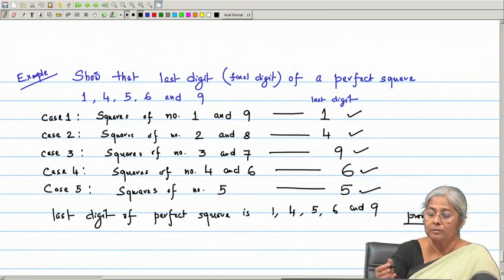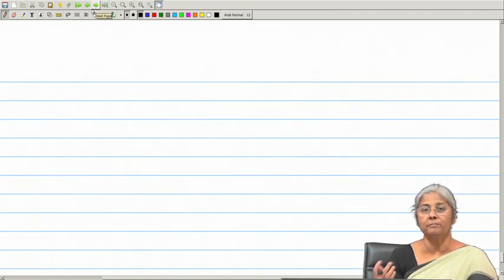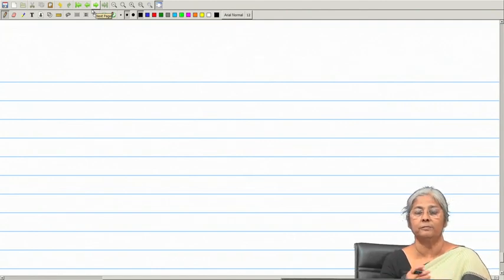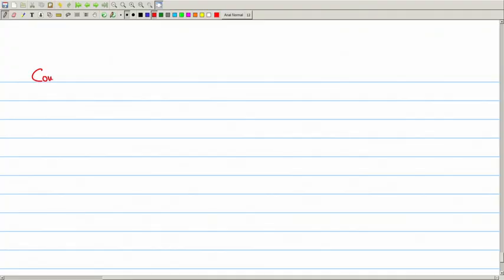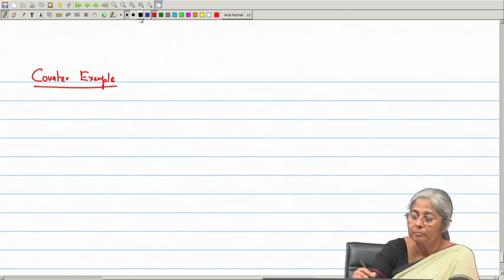Now, there are many other techniques which are actually derived from direct or indirect proof. One such is proof by counterexample.